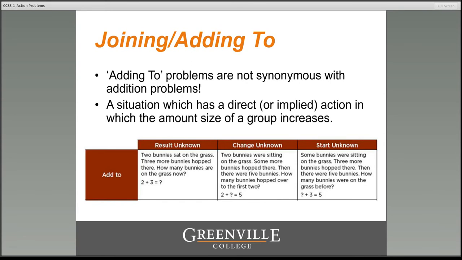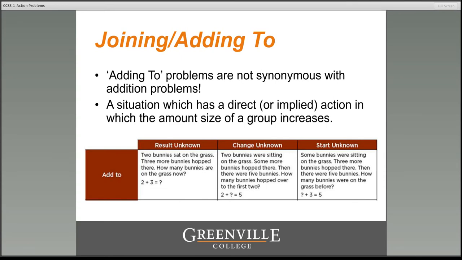To find the solution, I would take 5 minus 2. That's called the solution equation. The one equation shown here is the situation equation. This is how you write it when it exactly matches the situation. And the situation equation is the terminology that's used in the Common Core progressions documents.